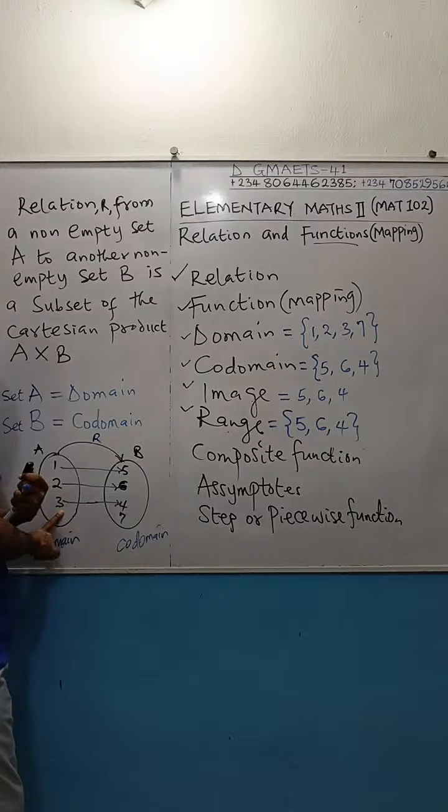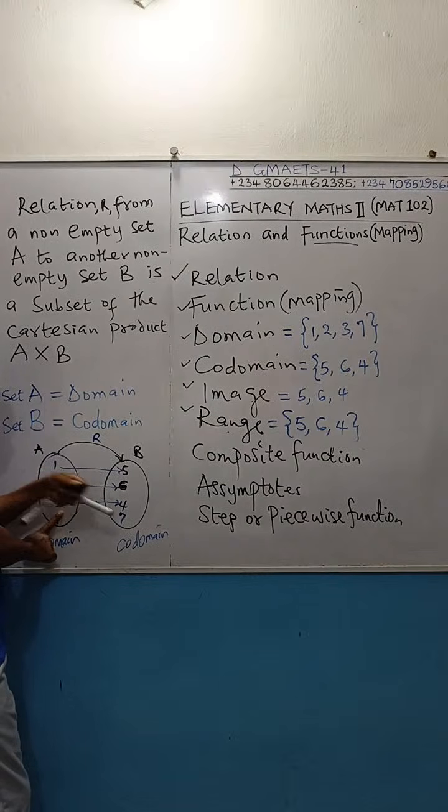That is going to be a relation, but not a function, right? Okay, it's going to be a relation, and it will also be a function. And in this case now, 1, 2, 3, 5, 6, 4, 7. Even though there is no mapping to this 7, nothing produced this 7 from the domain, we can still call this a function. Don't worry, we are going to learn about the condition of a function.